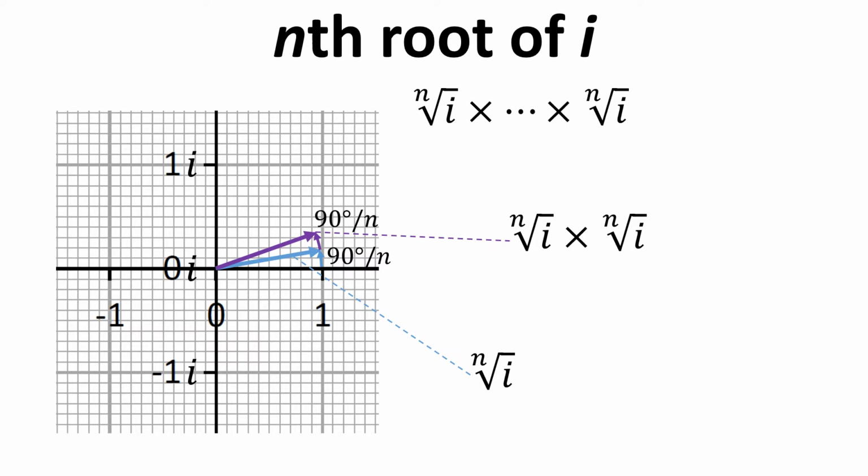And in fact, if we keep multiplying the nth root of i, n times, we'll eventually have got round to 90 degrees, and we'll be back to i. So it's a graphical way of thinking about the meaning of the nth root of i. Now, this is only one solution. There are other solutions, so we'll take a look at this a bit further.